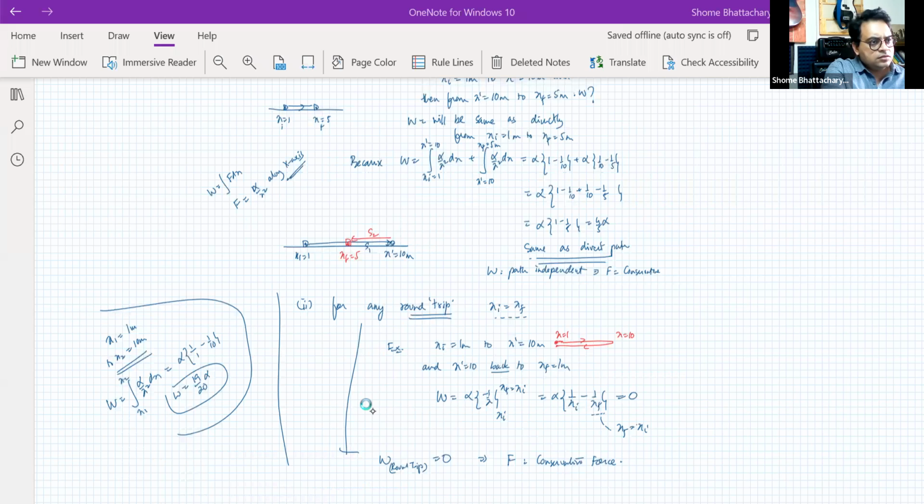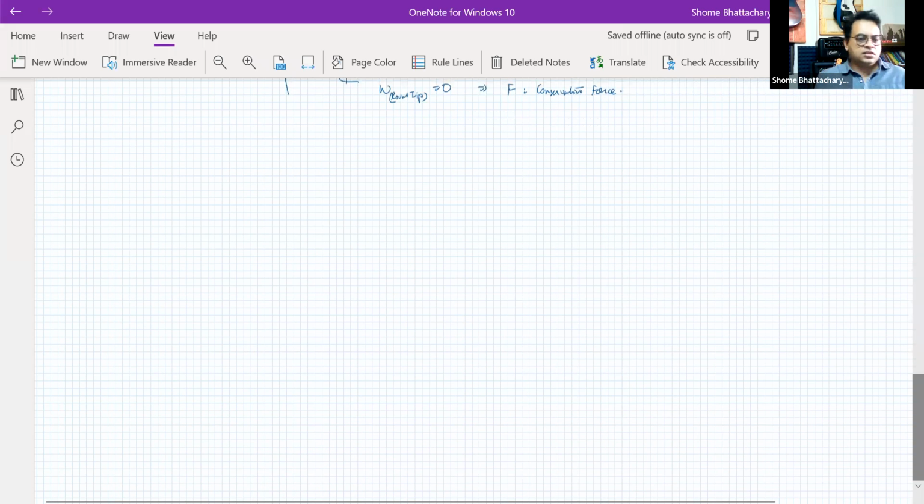Okay, now next thing that we'll see. If the same thing is a two-dimensional force, it becomes a little bit complicated, but the method is very much the same to begin with.